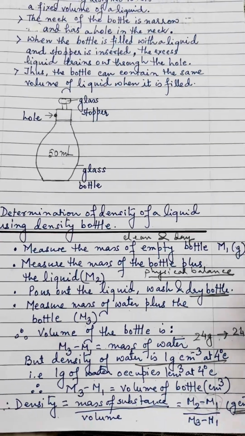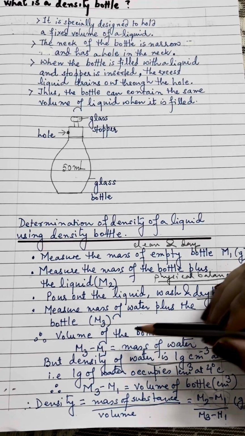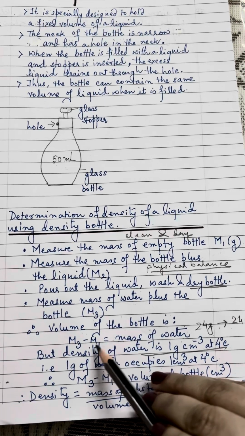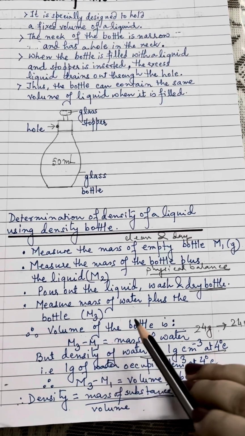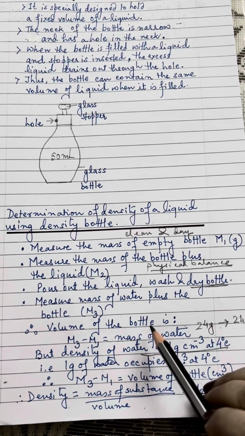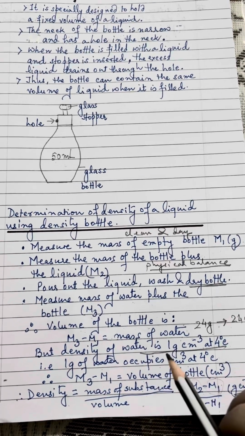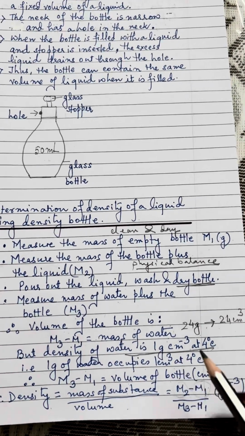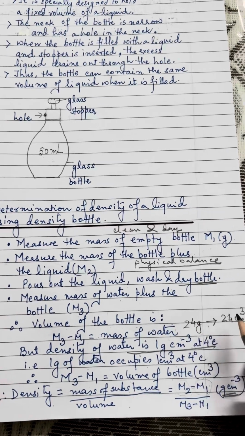Since the mass of the water is m3 minus m1, m3 minus m1 will also be the volume of the liquid in centimeter cube, simply because the density of water at 4 degrees Celsius is 1 gram per centimeter cube, which means that 1 gram occupies a space of 1 centimeter cube.